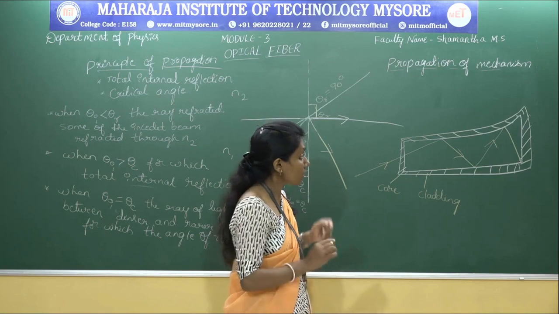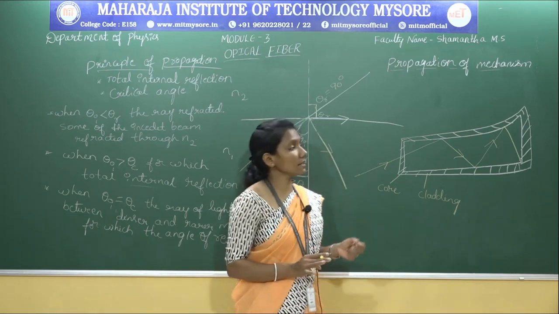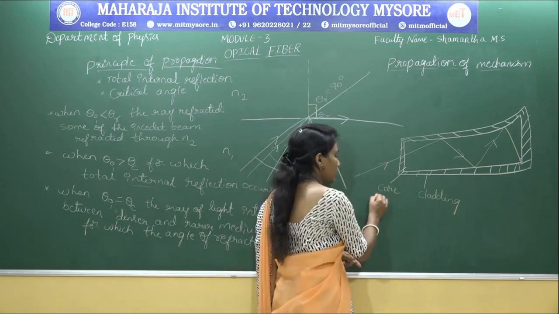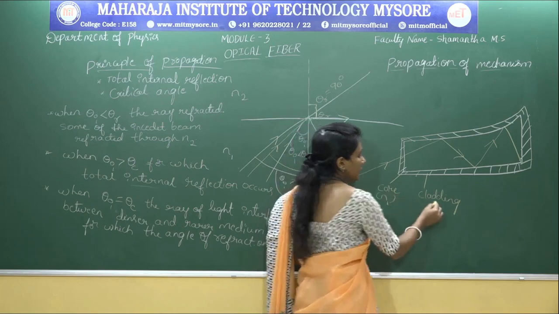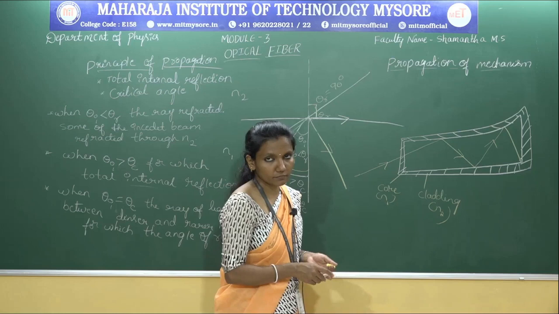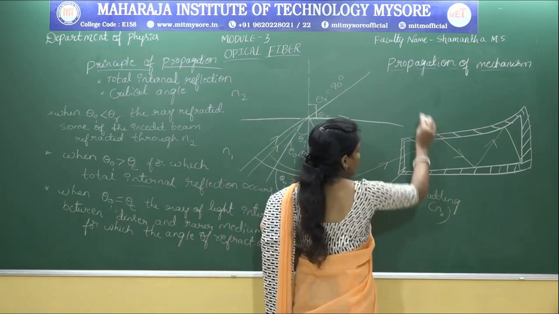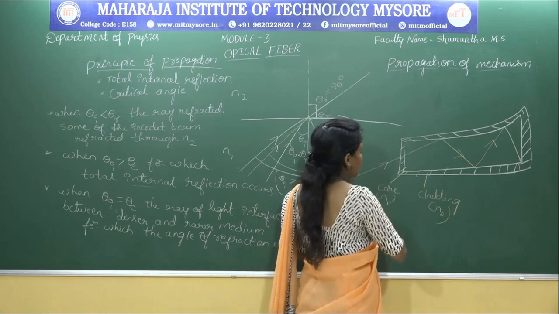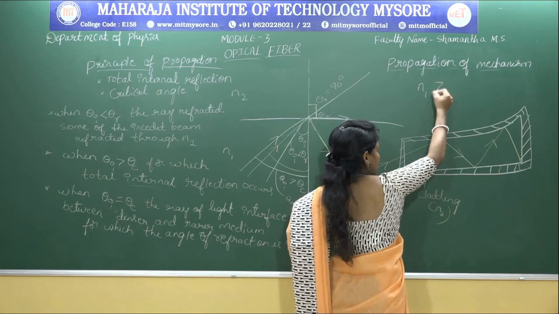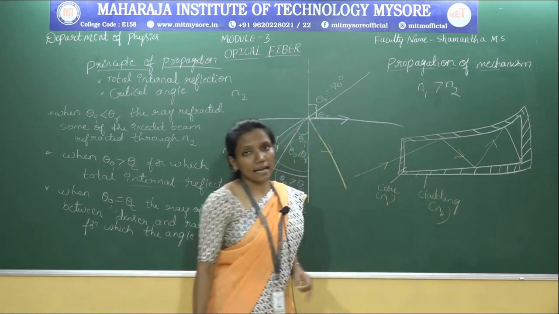To obtain total internal reflection, the refractive index of the core must be greater than the refractive index of the cladding. So, the condition for this propagation mechanism is that the refractive index of the core must be greater than that of the cladding region.